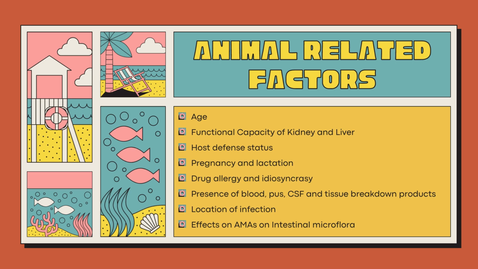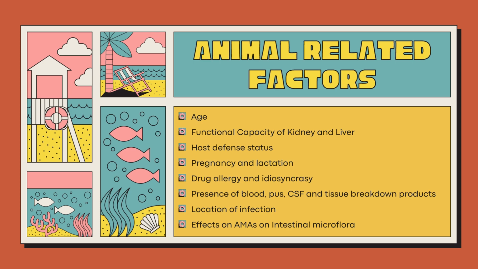Also, nalidixic acid and sulfonamides are excreted through milk and may cause hemolysis in glucose 6 phosphate dehydrogenase deficiency. Thereby, chloramphenicol, ivermectin, and many other antibiotics and anthelmintics cannot be given to milch animals producing milk for human consumption because of possible human health hazard due to presence of residues in milk.